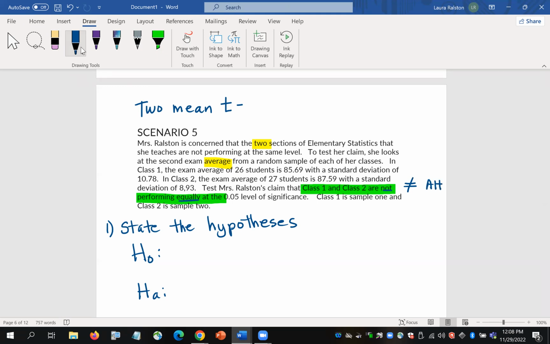So we're saying that the mean for class 1 does not equal the mean for class 2. That's the given. The null will then be the exact opposite, that they are equal. So the mean for class 1 is equal to the mean for class 2.